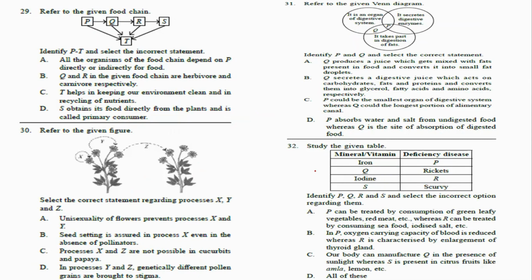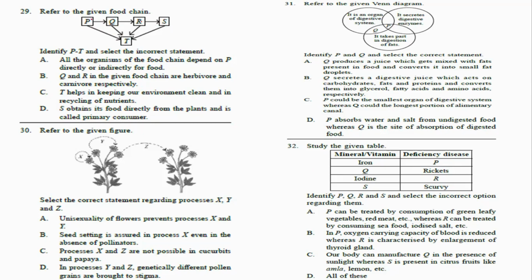Now we come to question number 29. Refer to the given food chain. So here we can see P is being taken by Q, P is being taken by T, Q is being taken by R, R is being taken by S, and all of these are taken by T, right?